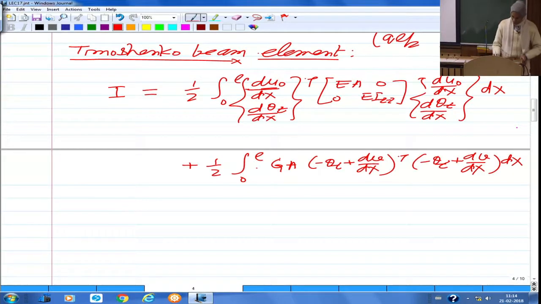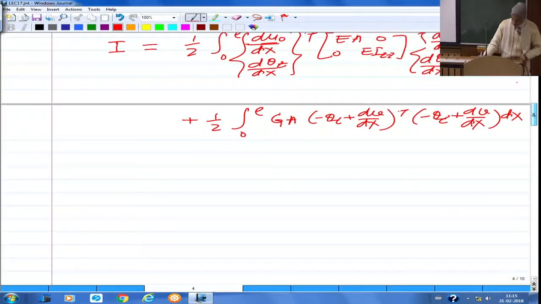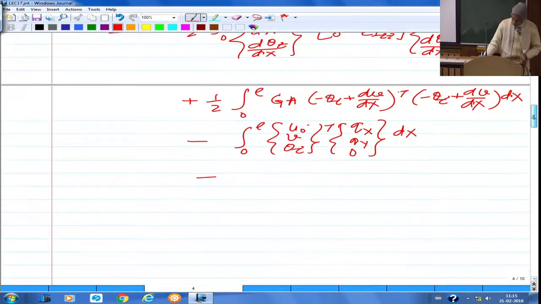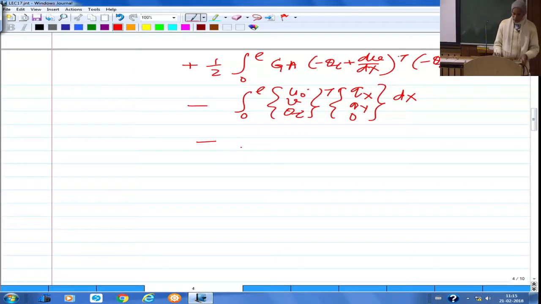So this is the transverse shear strain energy, the second term, and then we had the potential of distributed external forces, which was the integral from 0 to L. We have written that as u naught, v, theta z transpose, and then the forces qx, qy, 0, dx, and then minus the internal force contribution, which we have written in terms of degrees of freedom u naught 1, v1, theta z1.